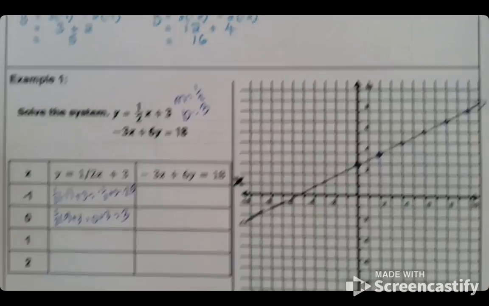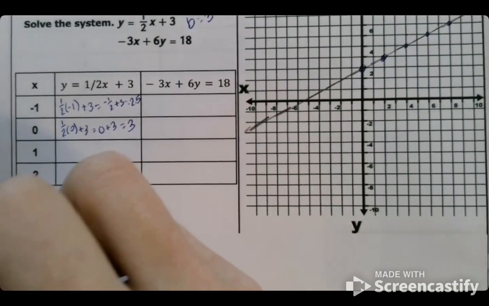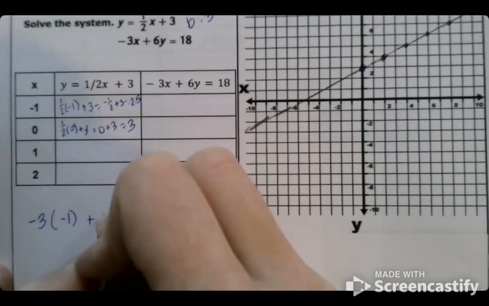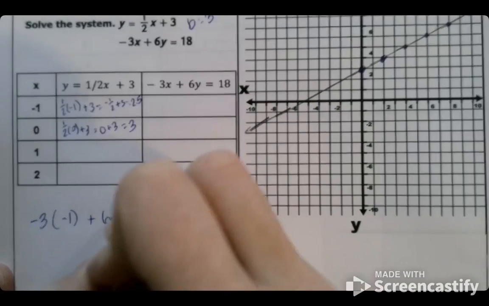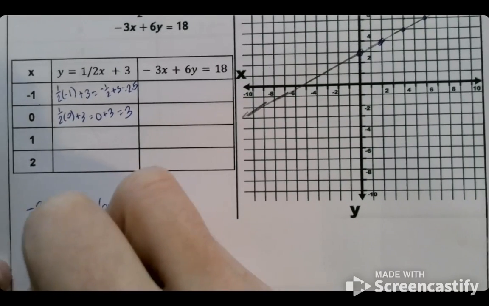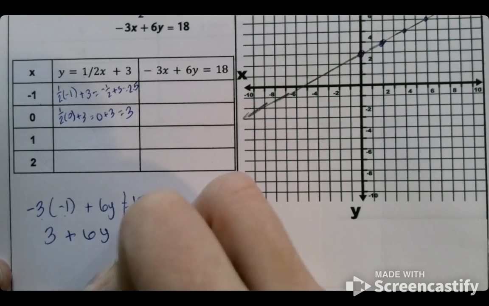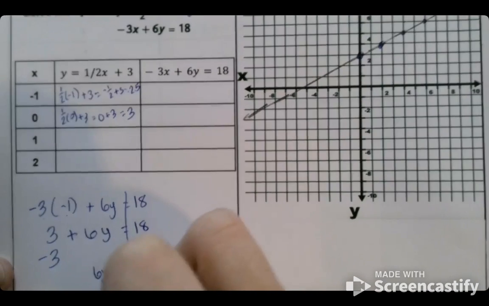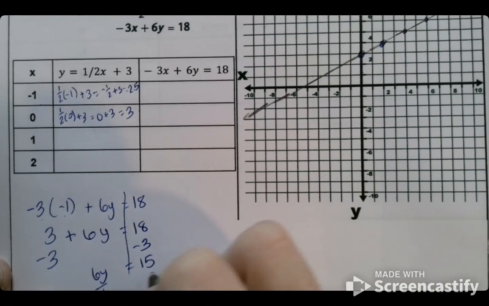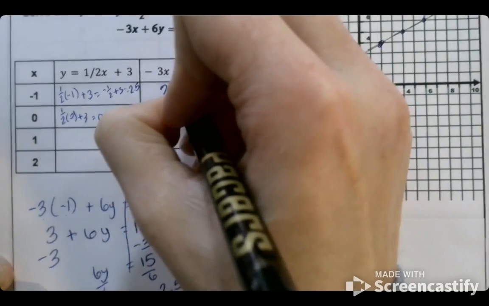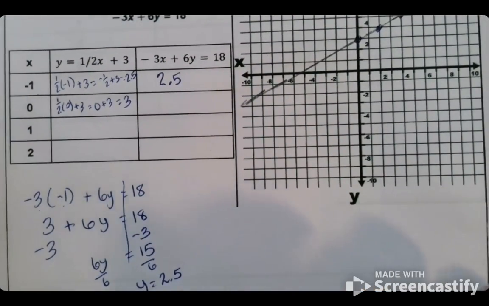Now, this is going to be a little bit harder. We're going to plug in the same point. So I have -3. This is only x. This is not y. So now you need to solve for y. So I have -3 times 1, which is +3, plus 6y equals 18, minus 3 on both sides. 6y equals 15, divided by 6, y equals 2.5, which is not helpful because it's not a whole number, but that's okay.